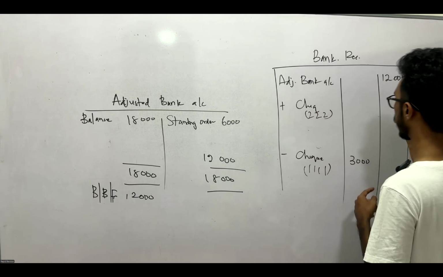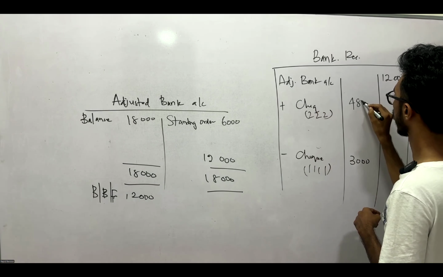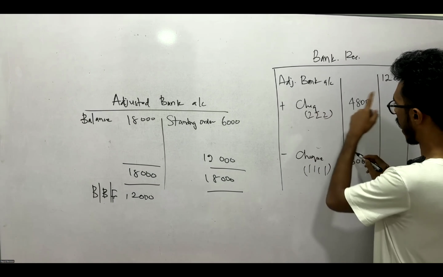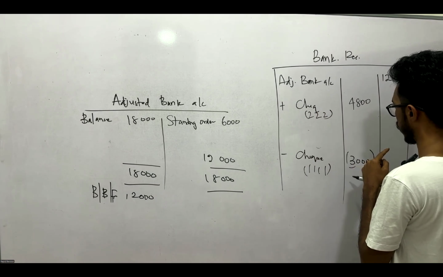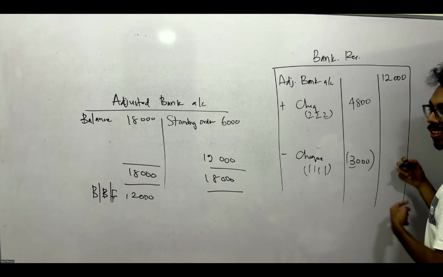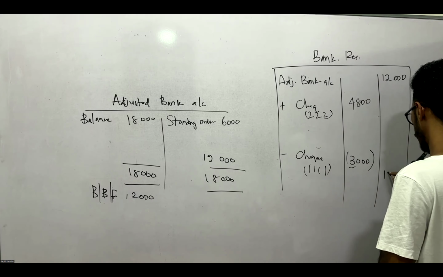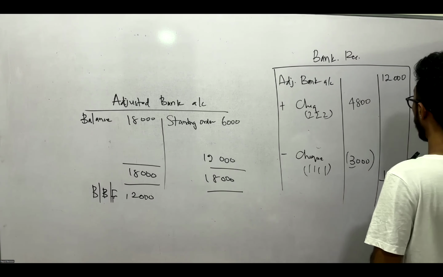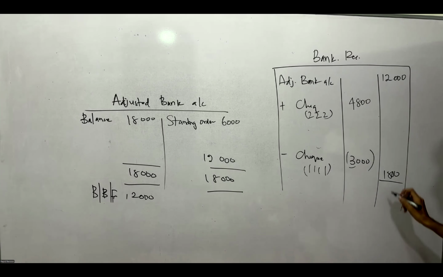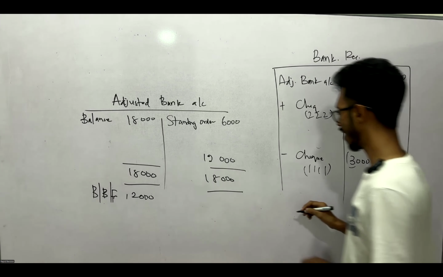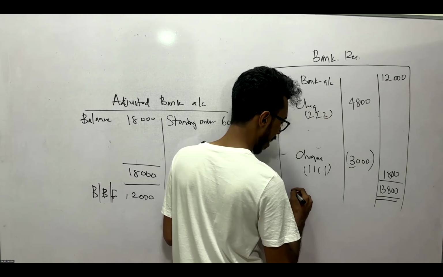Then you give a number. So you have to add this and then deduct this. When you do the math, it is 1,800. 12,000 plus 1,800 then becomes 13,800. And this is the balance as per the bank statement.